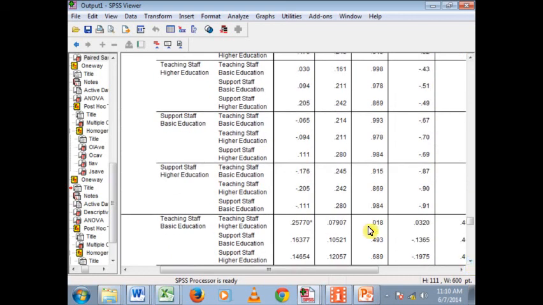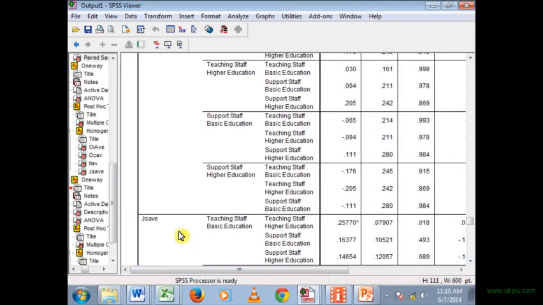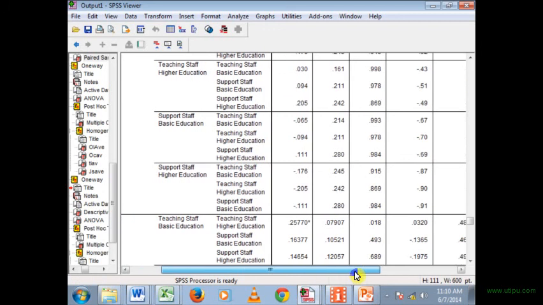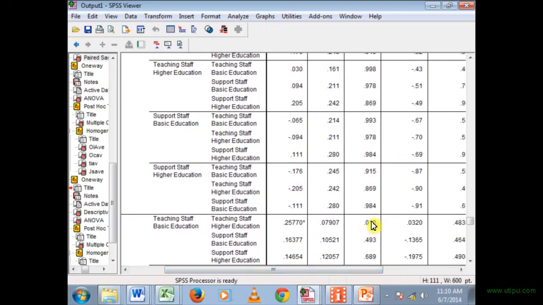Okay? In terms of job satisfaction, this one. Our point of reference is this one. The teaching staff in the higher and the basic education differs.